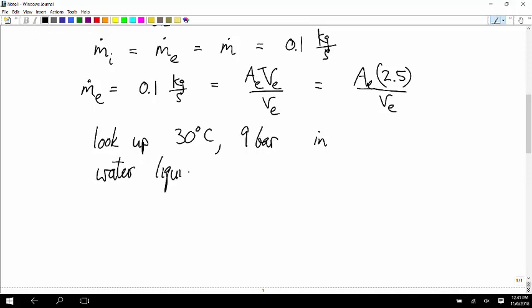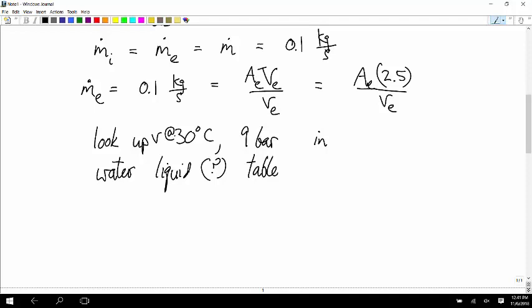So in the liquid table, what we're really looking up is v at those two. And that was a long way of answering what you asked about.